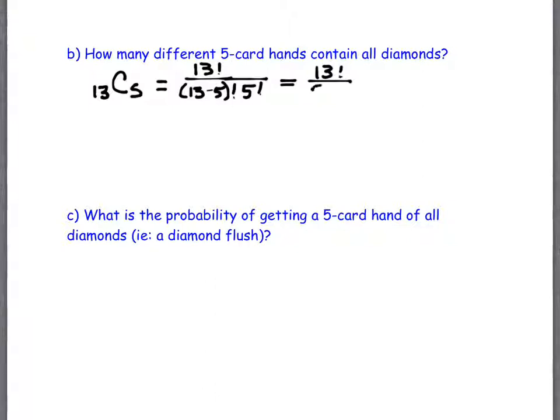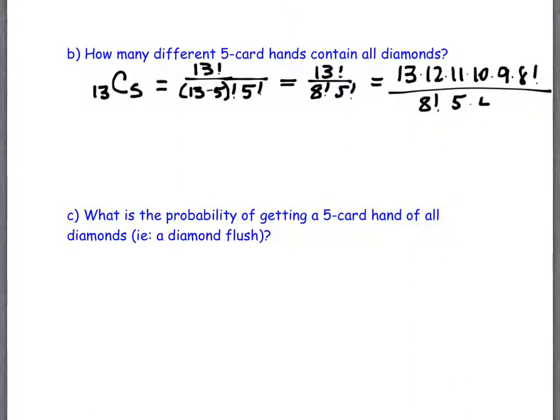It's 8. Yes. So 8 is the larger number, so we will write 13 down to 8. The 8 factorials match, and then I have 5, 4, 3, 2, 1. So there went the 8 factorials.